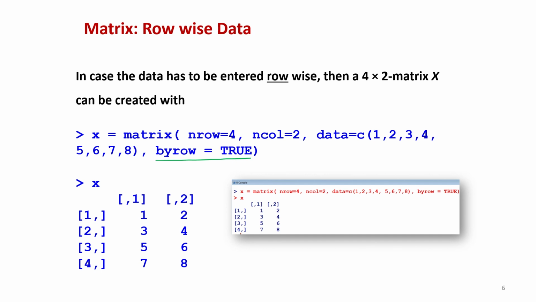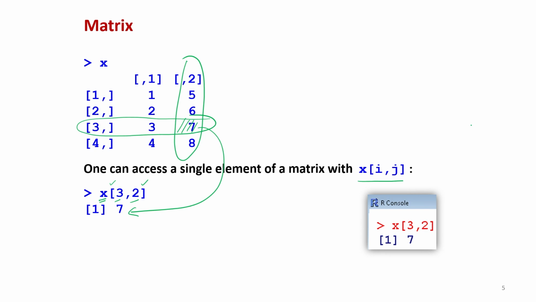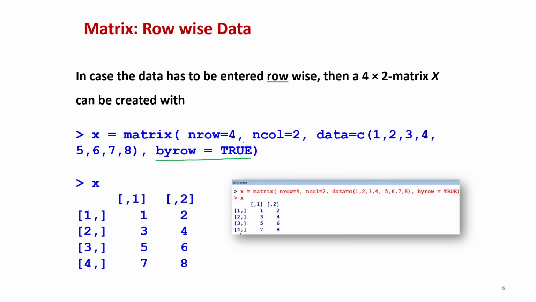So in the same command that I used here, I am just adding one option, by row is equal to true. Now you will see what happened. Once I do it, you see how the data is entering into the matrix X. The first value comes here, then the second value comes in the second column.